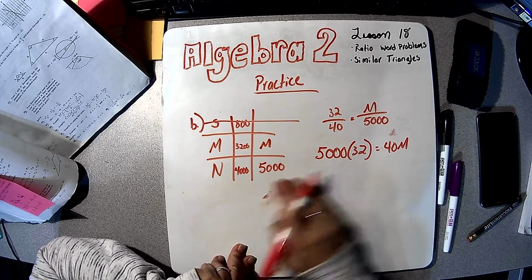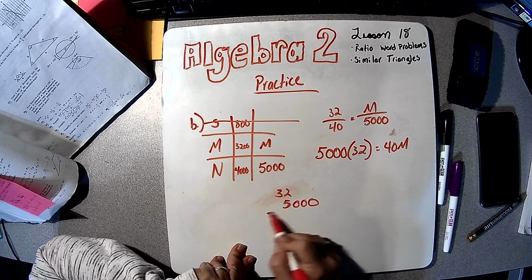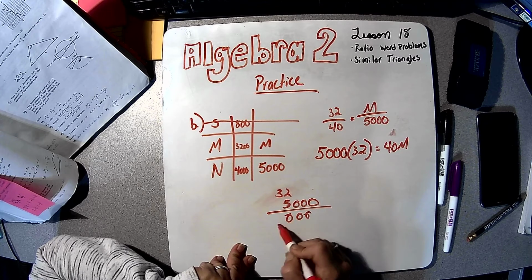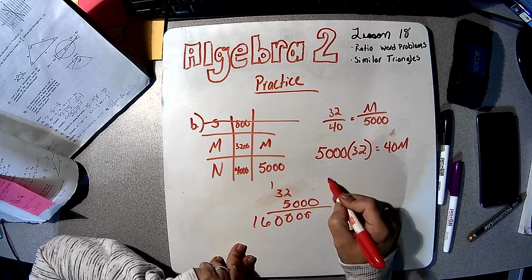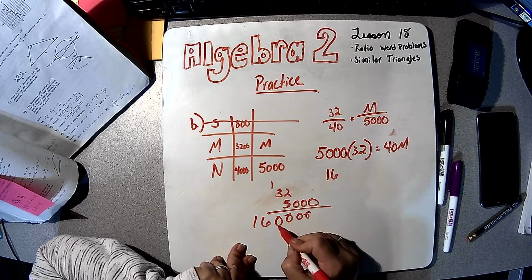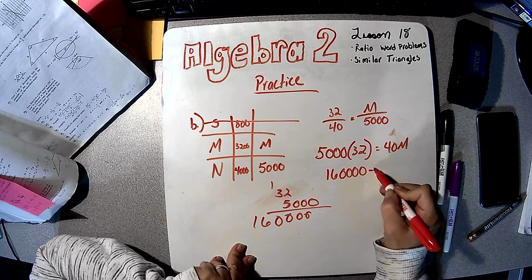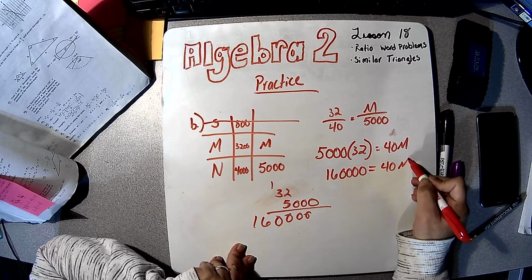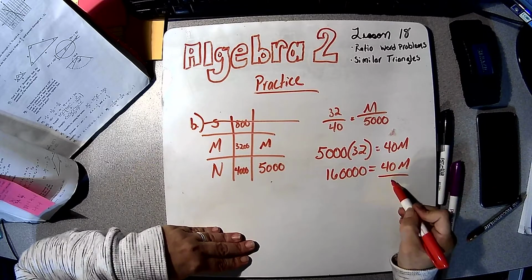Actually, we'll put that on the bottom. 32 is 5. 1, 2, 3. Times 2 is 10. 3 times 5 is 15, 16. 1, 2, 3, 4. Equals 40M. Okay, now we just have to divide by 40.